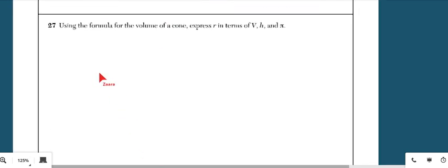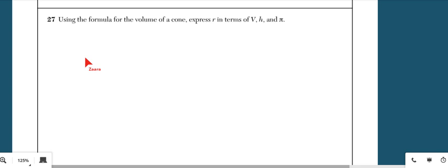What does it say? It says use the formula for the volume of a cone and express r in terms of V, H, and pi. So do you know what is the formula for the volume of a cone?